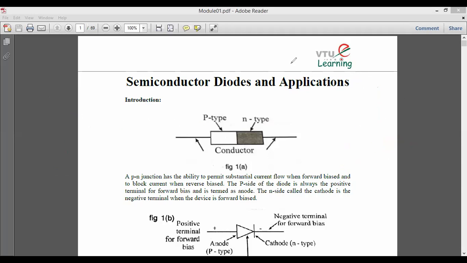Just look at this particular diode in figure A. There is a p-type material and an n-type material.